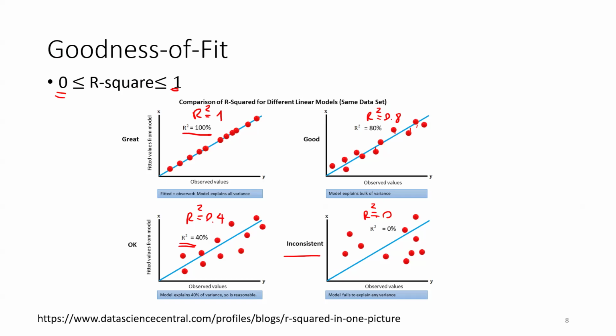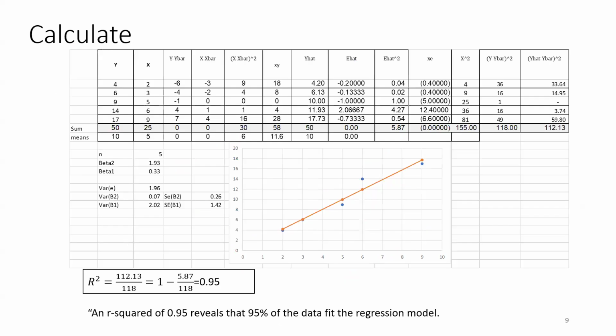Okay, let's see the printout. Before the printout, this is the data that we already calculated together, and you can calculate R squared by SSR over SST, or 1 minus SSE, which is the sum of least squares errors squared, over SST. So you get 112.13 over 118.